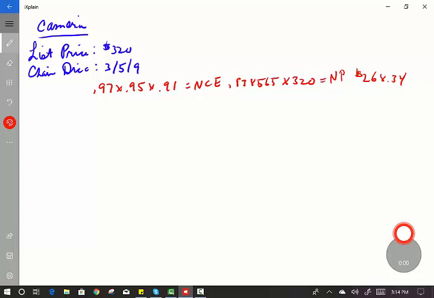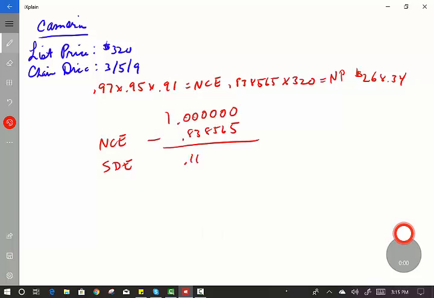To do that, I'm just going to subtract the net cost equivalent of 0.838565 from 1, and then that's going to give you the single discount equivalent of 0.161435.